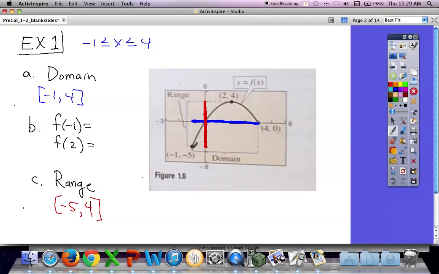At x equals -1, what is the value of the function? -5. So would you write the point or just -5? It's just referring to the y coordinate. Again, if you do the f of 2, right, that means go over to x equals 2, and then follow it up to the graph, and then follow it back over to the y-axis. What is the value? It's 4.